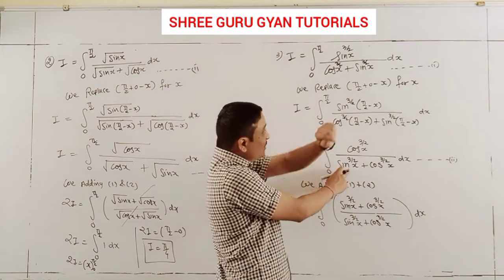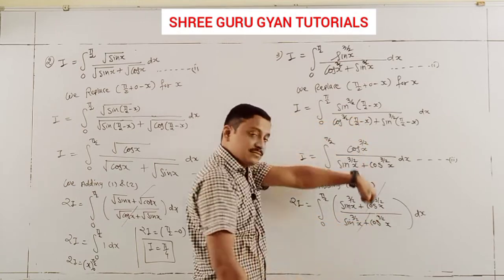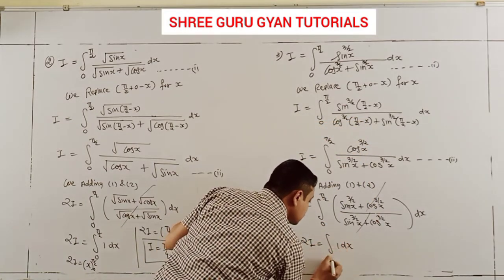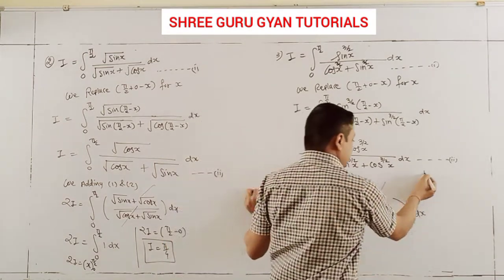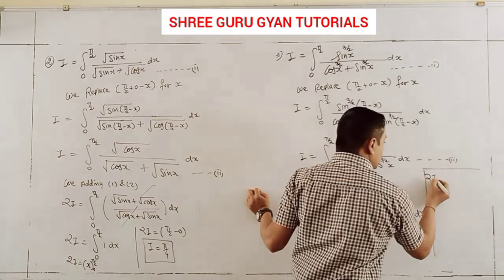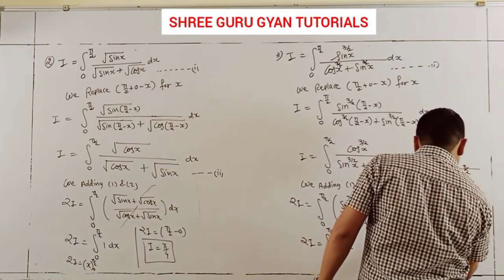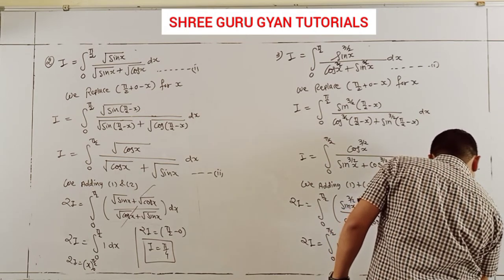So this and that LCM same, I declare and this cancel. I have only 1 dx 0 to pi by 2. Now one integration, 2i equal to x 0 to pi by 2 same. So my answer is, students, pi by 2 minus 0. Your answer pi by 4.